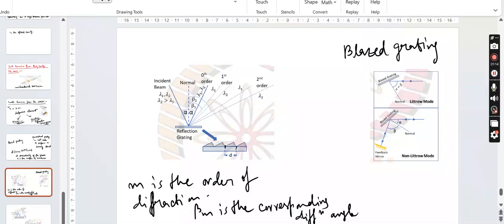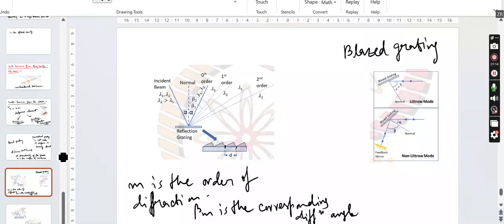So what happens is that the glazed grating gives the maximum diffraction efficiency on a particular order while minimizing the loss of power to all the remaining orders, in particular to zeroth. And it can operate in both retro and non-retro mode.